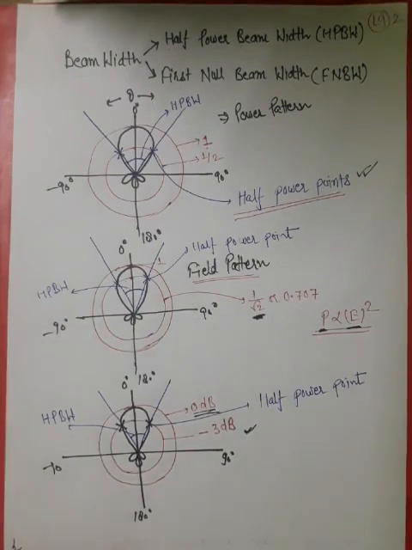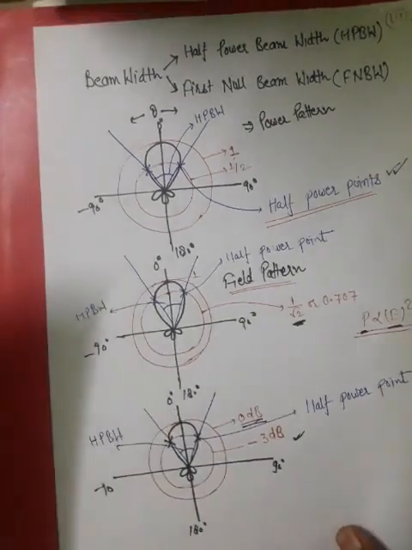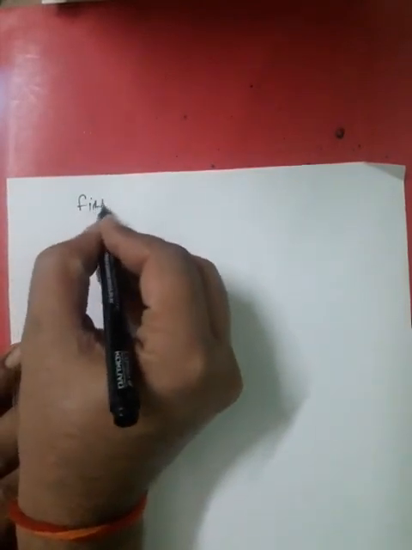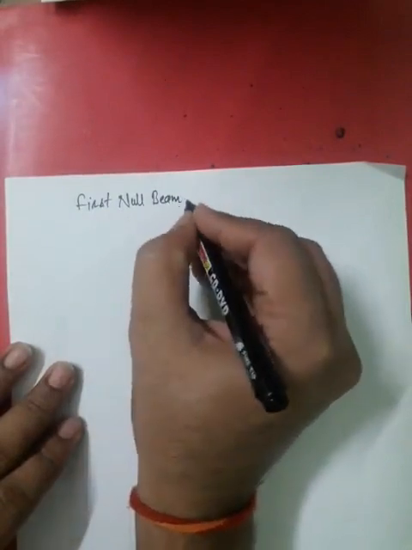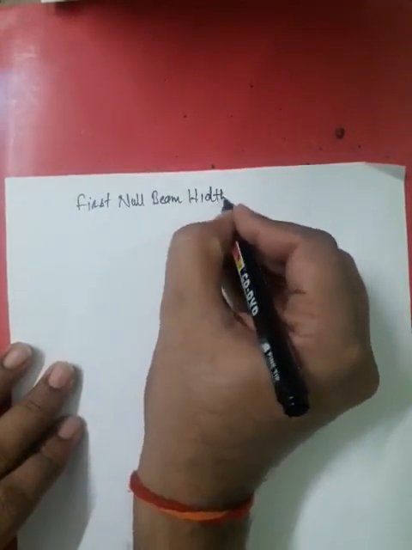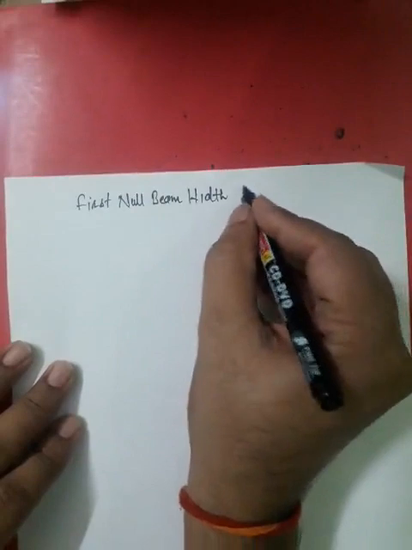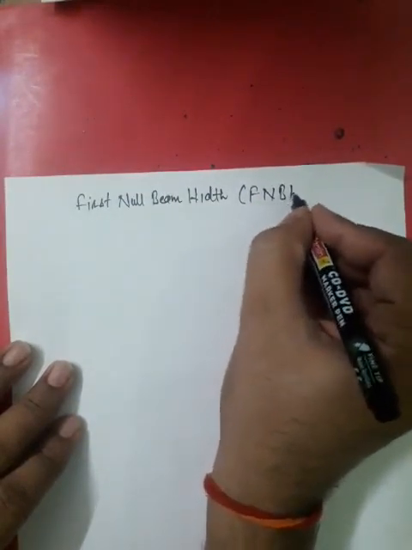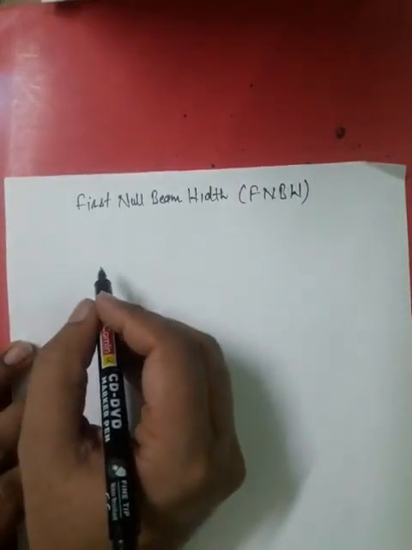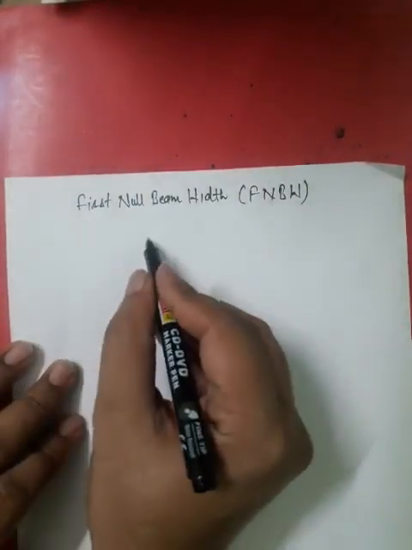Now another beam width we usually study in antenna theory is the first null beam width, usually written as FNBW.